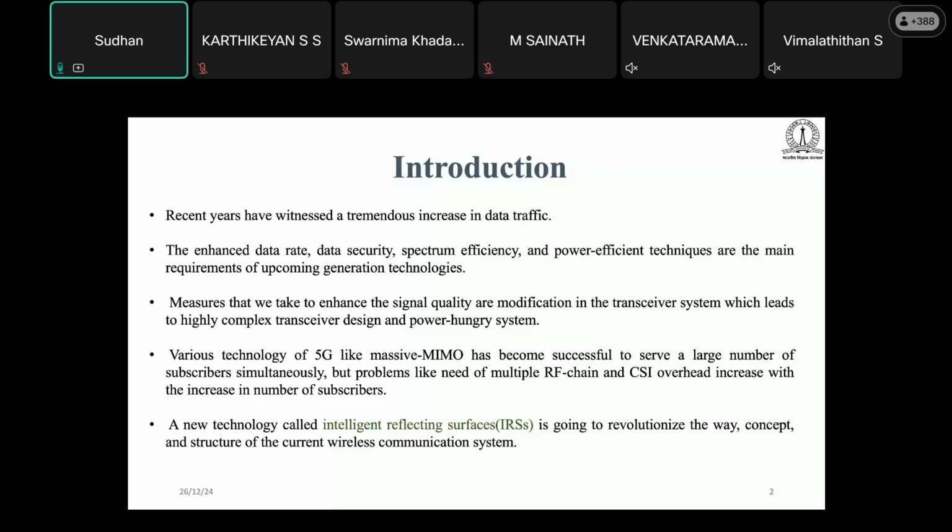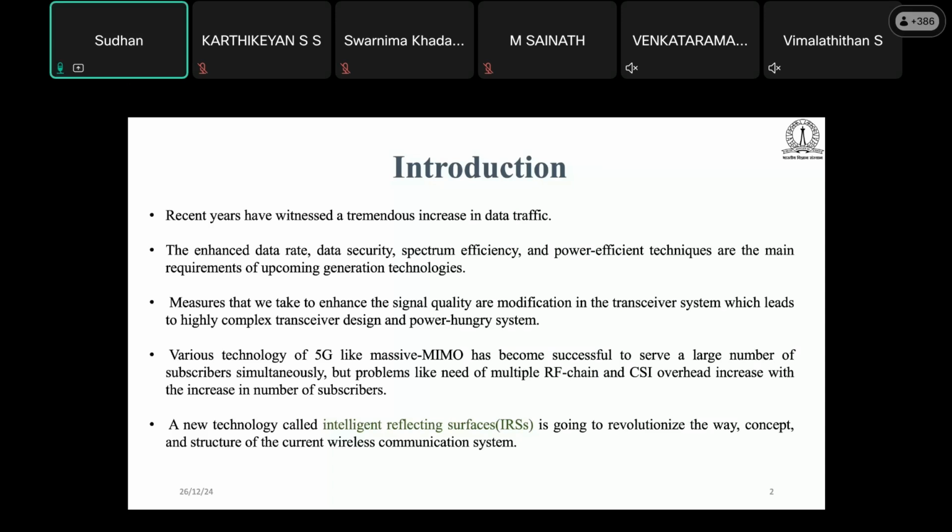You see my second bullet, we also mentioned that we need more power efficiency. So more power efficient means we cannot transmit more with MIMO. Now we are finalizing two agendas. One is that we will not transmit more power, meaning we will not have more MIMO RF chains, and still we are able to transmit at high data rate.